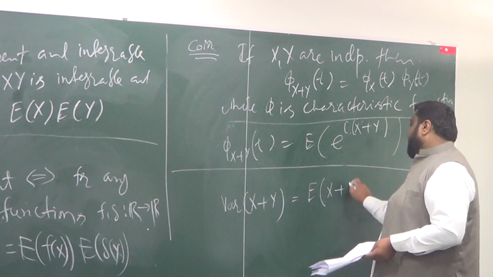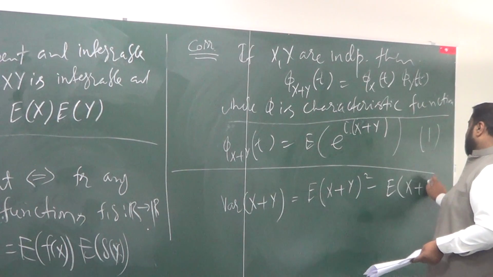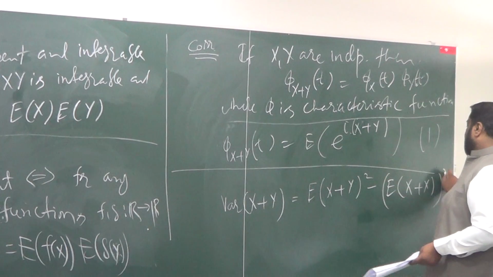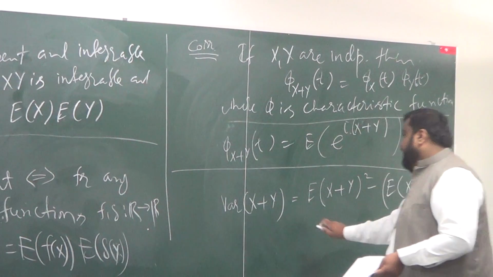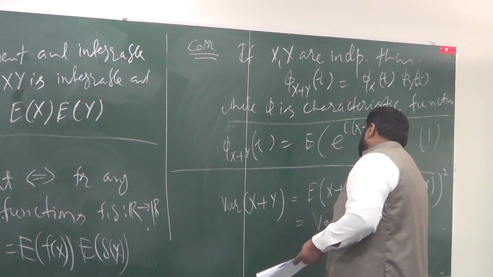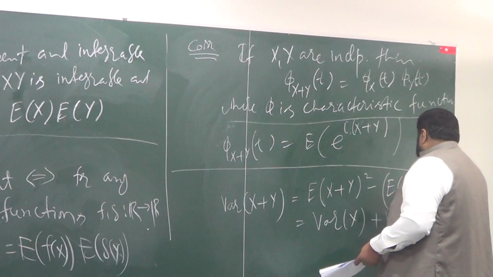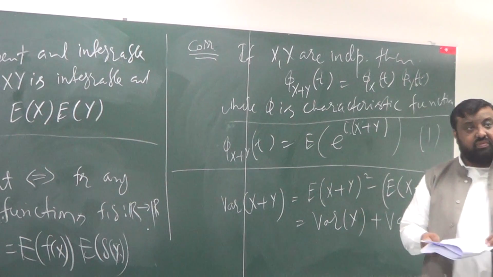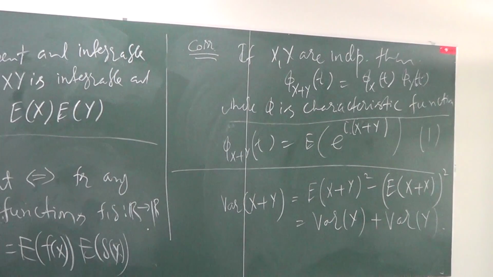I can either apply the definition or use this: the expectation of x plus y whole squared. Then simplify it and use the previous result, and you will see that this is the same as variance of x plus variance of y. So if you have two independent random variables, then the sum of the variances is the variance of the sum.